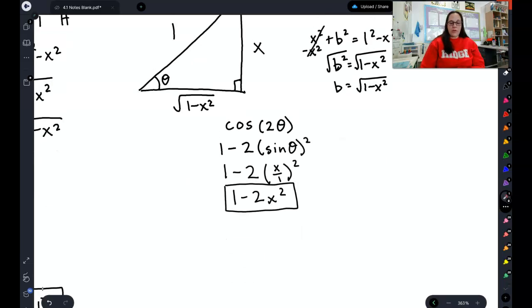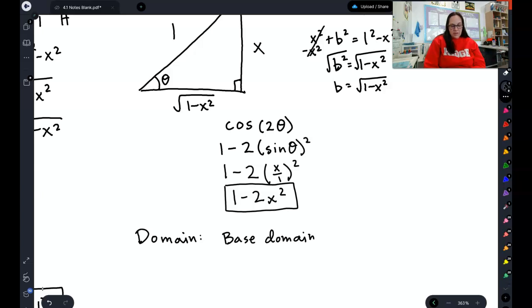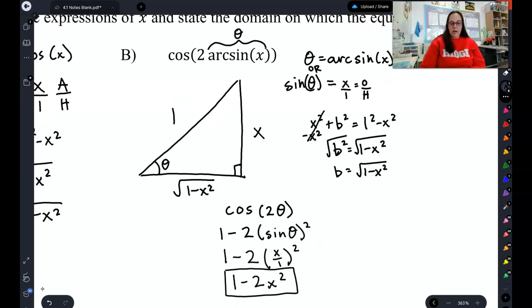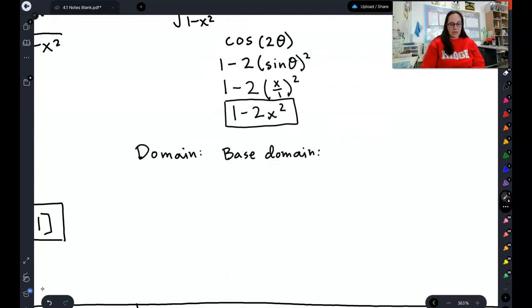Now let's talk about the domain. First thing we start with is the base domain of the inside function. So base domain of our inside function is arc sine. So look at your domain chart that you made in the last video.